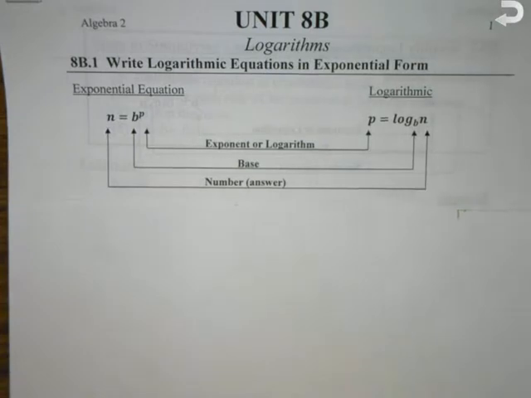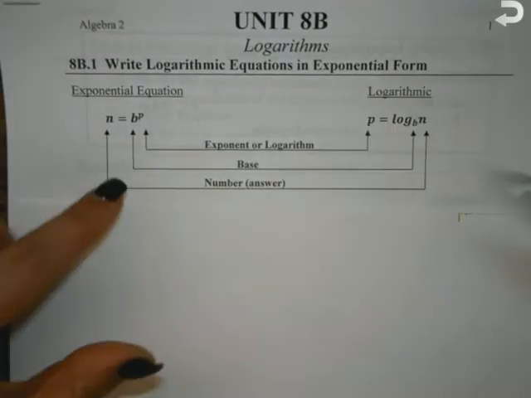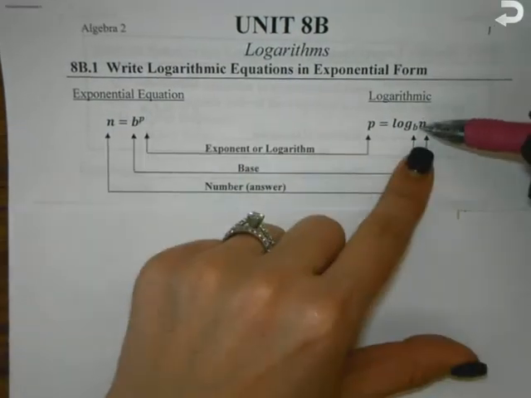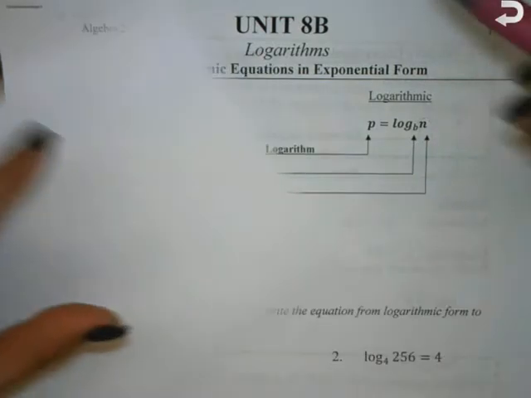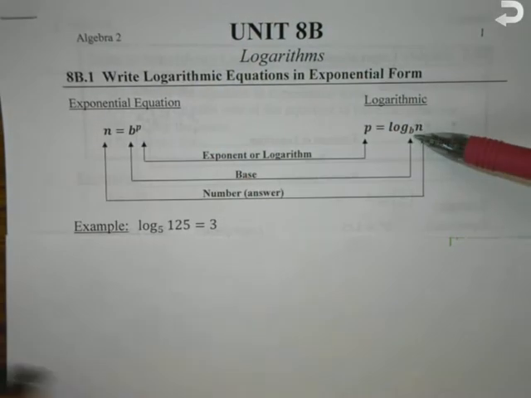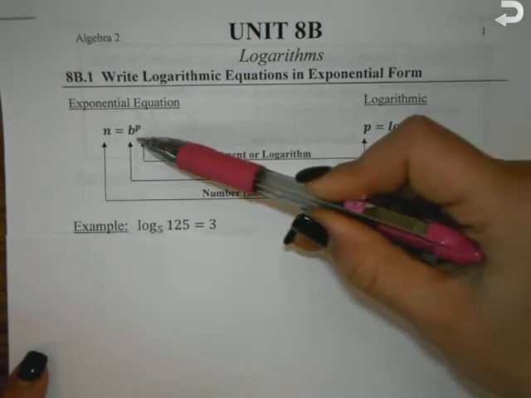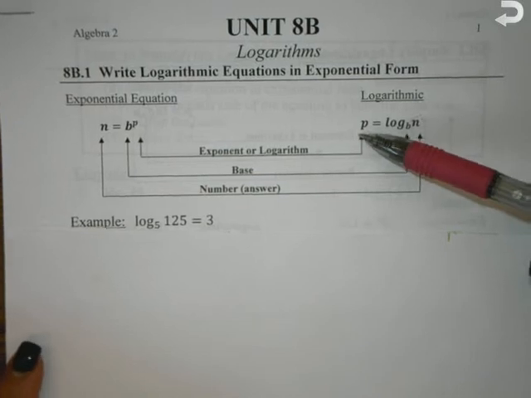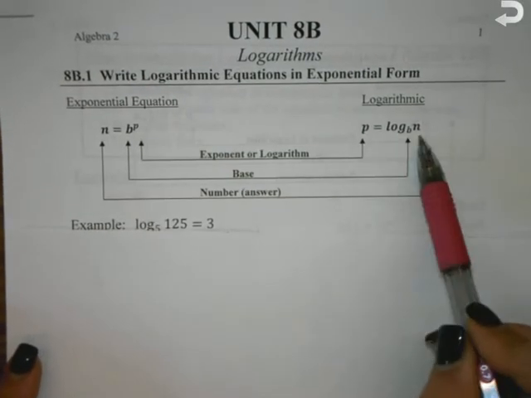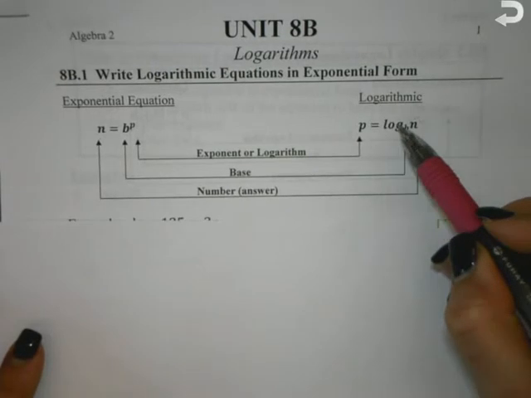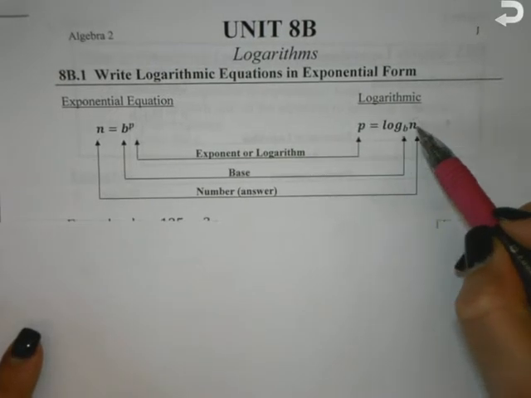If we rewrite this as a logarithm, your number or your answer now becomes what you are taking the log of. The base of your exponent is the base of your logarithm, and your exponent becomes what the logarithm is equal to. So it's just taking all the different parts and putting them in a different notation. We would read this as p equals log base b of n.